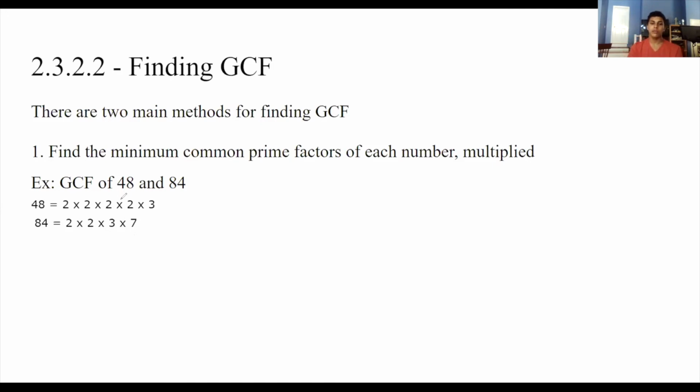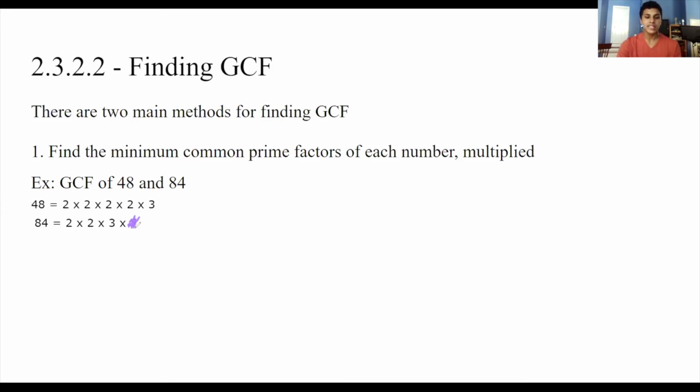And since I'm talking about the word common, which means that they share factors, I don't have to worry about the 7. I don't include it in my calculations. In fact, I can just cross it off and pretend it wasn't part of the prime factorization in the first place. And that's what your first step should be after you find the prime factorization. Get rid of any prime factors that they don't both have. So they both had 2's, they both had 3's, but they didn't both have 7's. So I got rid of my 7 here.